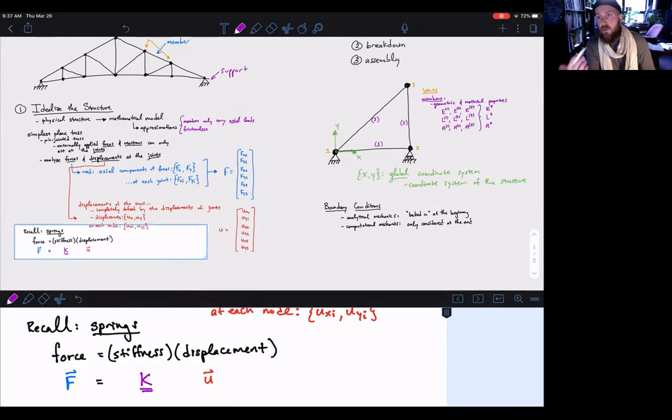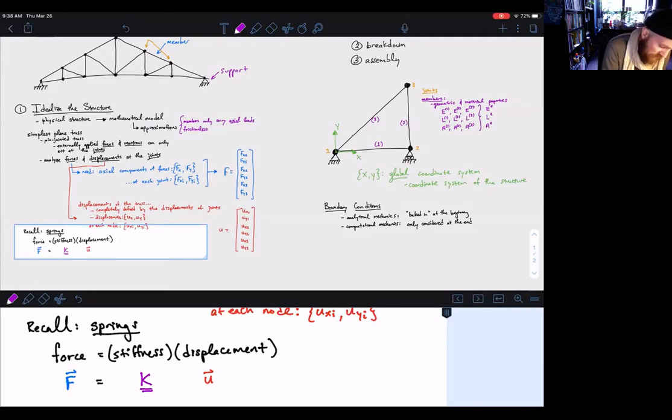Our displacement vector is a 6x1 vector. So for this structure, our stiffness matrix will be a 6x6 matrix. So we're going to relate F to U. We're going to assume that our truss behavior is linear, so that all the equations connecting the force vector and the displacement vector are linear. And we're going to assume that if all the displacements vanish, so if there are no displacements of the structure, then all the forces vanish.